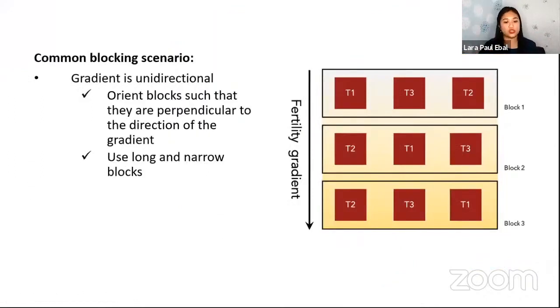Okay, just to illustrate, so this is a picture of a single gradient, example, fertility gradient. So as you can see, say siguro the first row, less fertile siya compared dito sa last row. Okay, can you follow? Okay, so yun, nagdi-differ yung level ng fertility across rows.